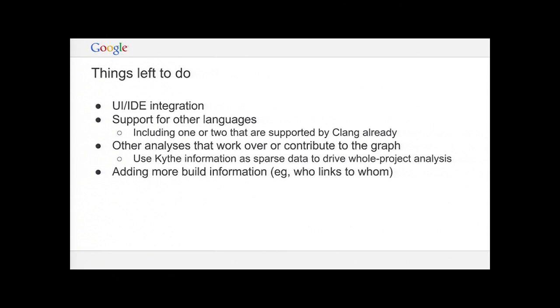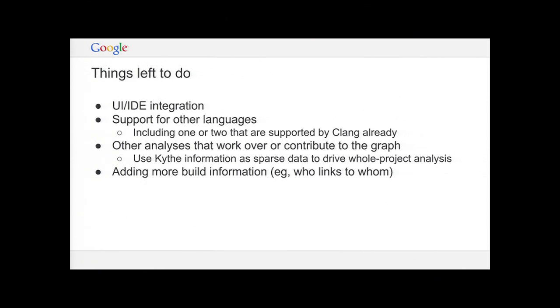We're interested in adding more build information to our graph. For example, we'd like to instrument the linker so that we have ideas about which translation units are linked to which other translation units. Because our naming scheme provides us with resistance to ODR violations, we're able to deal with situations where, say, you have a bunch of programs in your project that all define something called main.